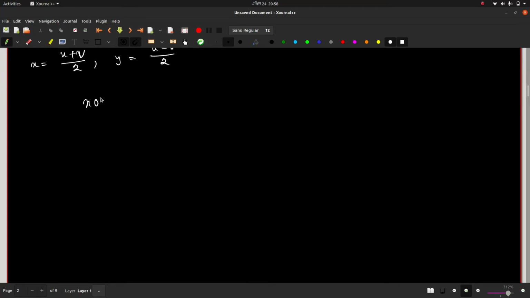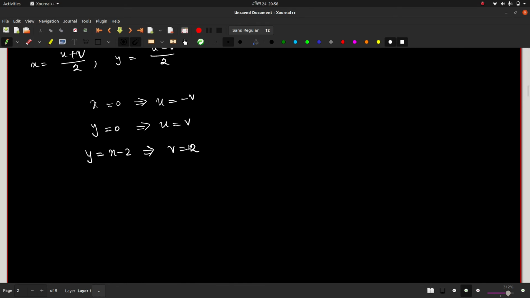So x equals 0 will give us the following, that is u is equal to minus v, that means u plus v equals 0, right? And y equals 0 would give us u is equal to v, and the final line, which is y equals x minus 2, gives us v equals 2.